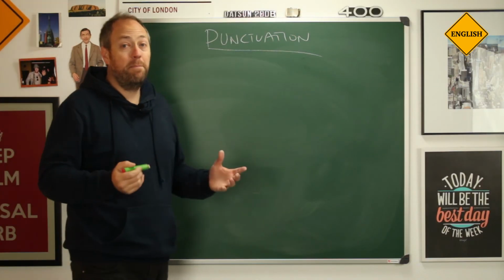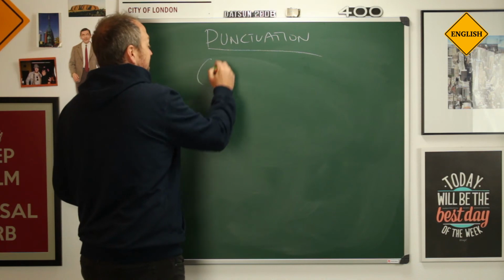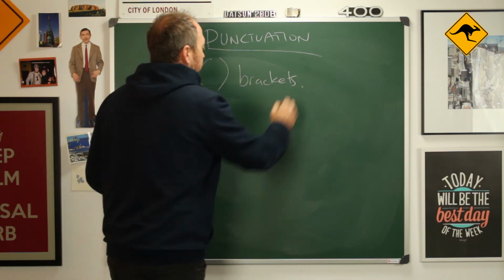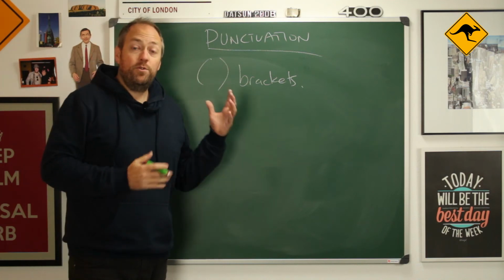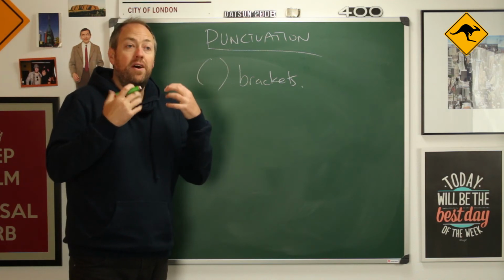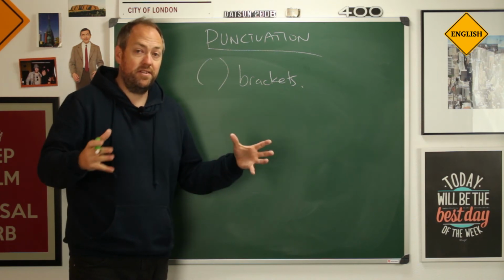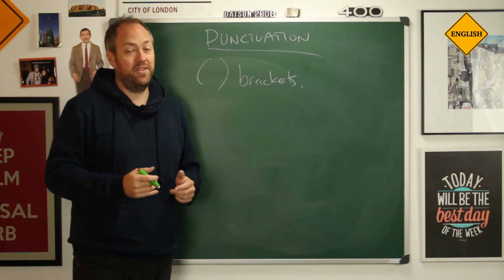Okay, the next thing is parenthesis or brackets. Okay, brackets. We use brackets when we want to either give our opinion or add some extra information to a sentence that's not essential to the sentence.